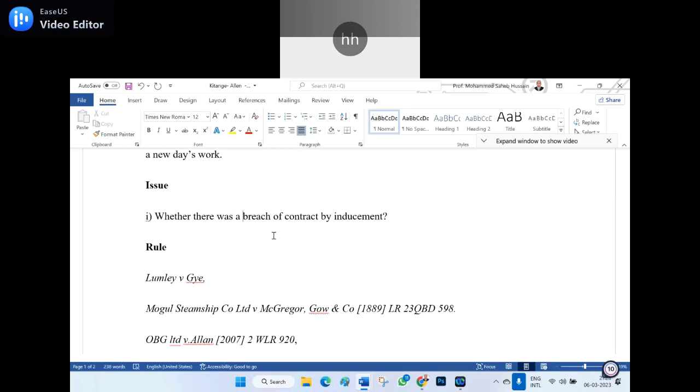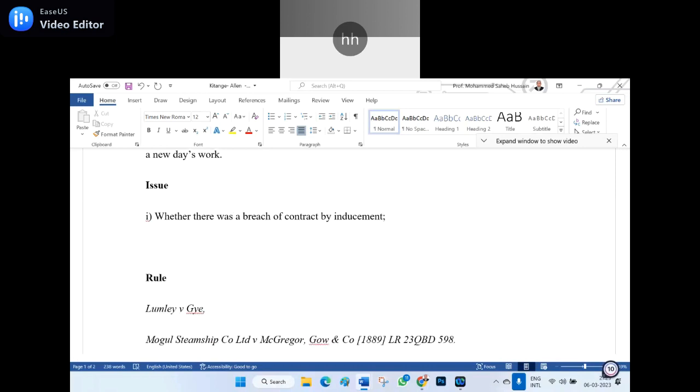Number 1, either you can ask for specific performance or you can ask for damages. But when you say specific performance, even the person who is a party to your contract may deny also. So in all cases, you cannot ask for specific performance of the contract. What you can ask is, you need not write the question mark here, and you can write the semicolon. The second issue is, what is the second issue?